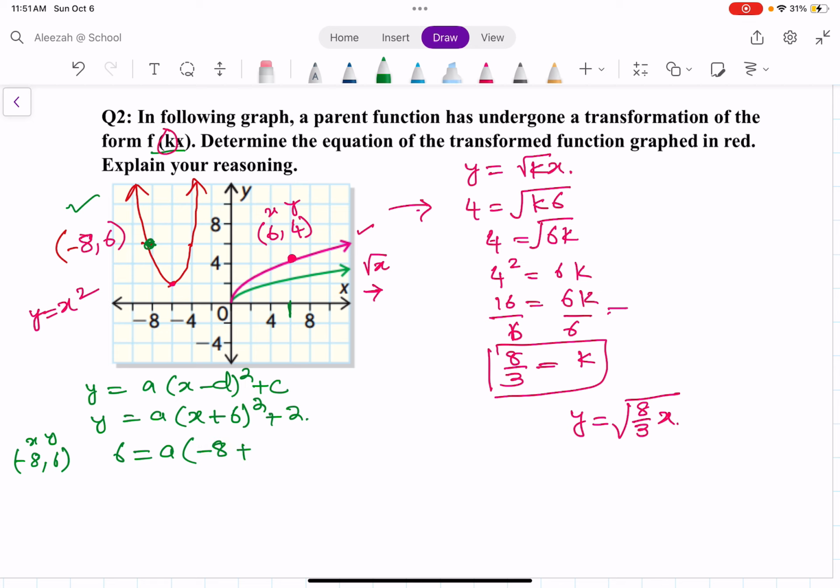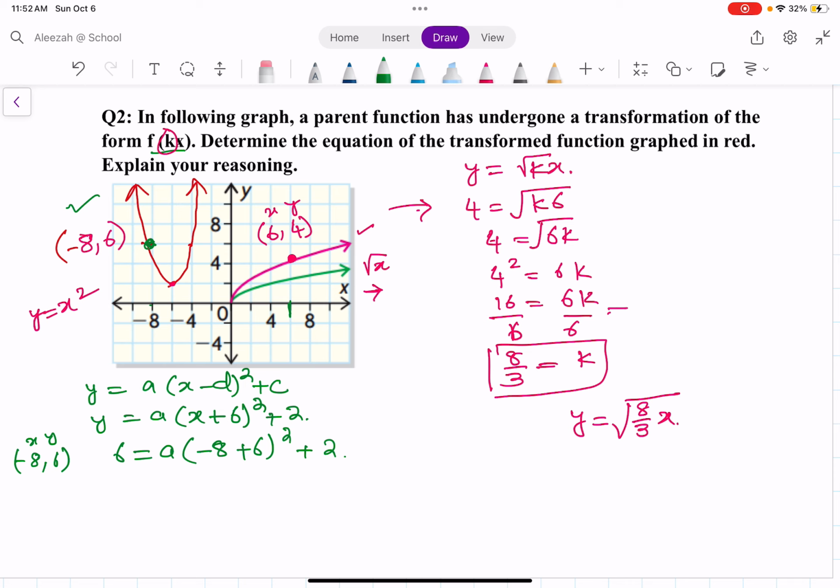Plus 6, squared, plus 2, right? Here x is minus 8 and y is 6. Minus 8 plus 6 is minus 2, and it's 2 units up.